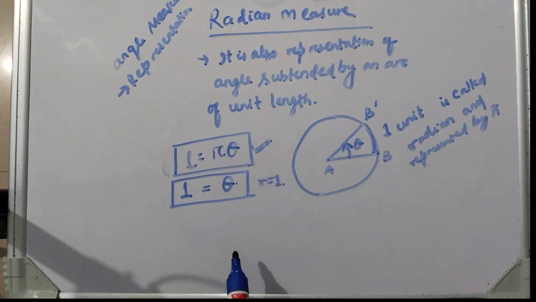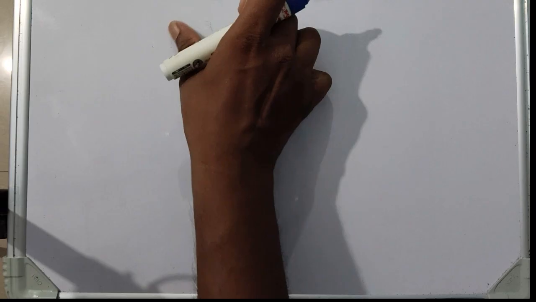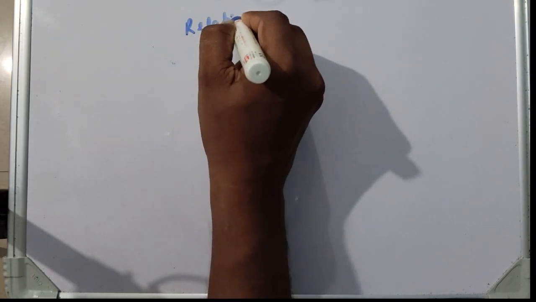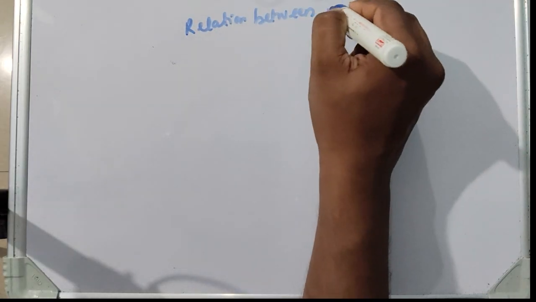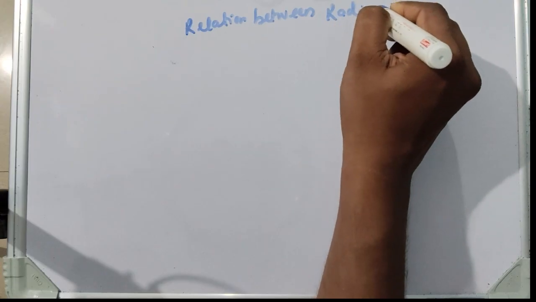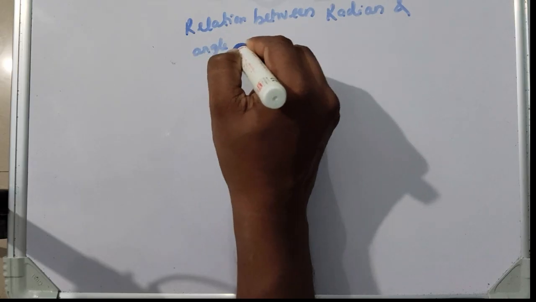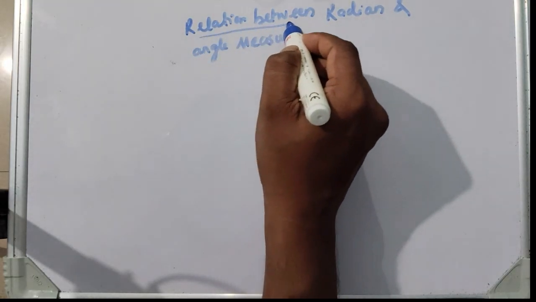And how do we represent the relation between radian measure and angle measure? So what is the relation between them?